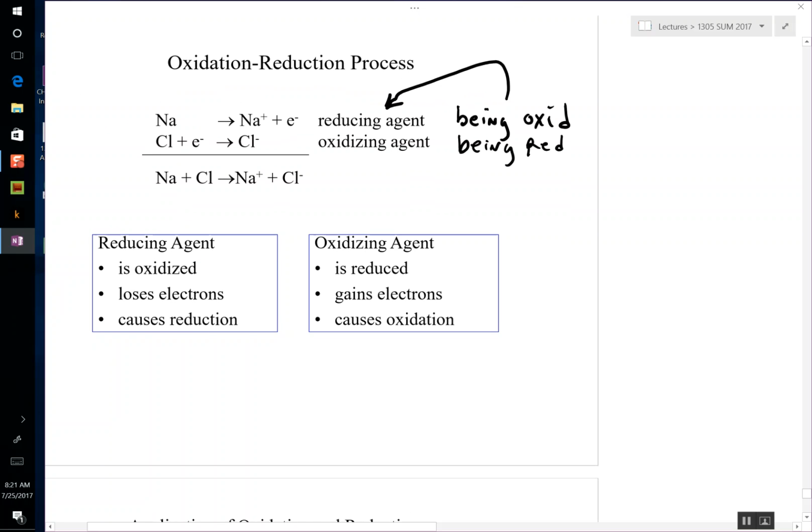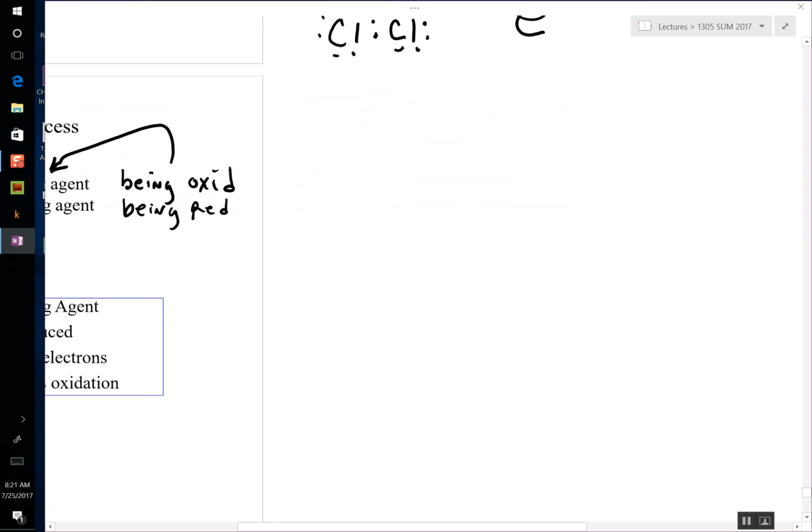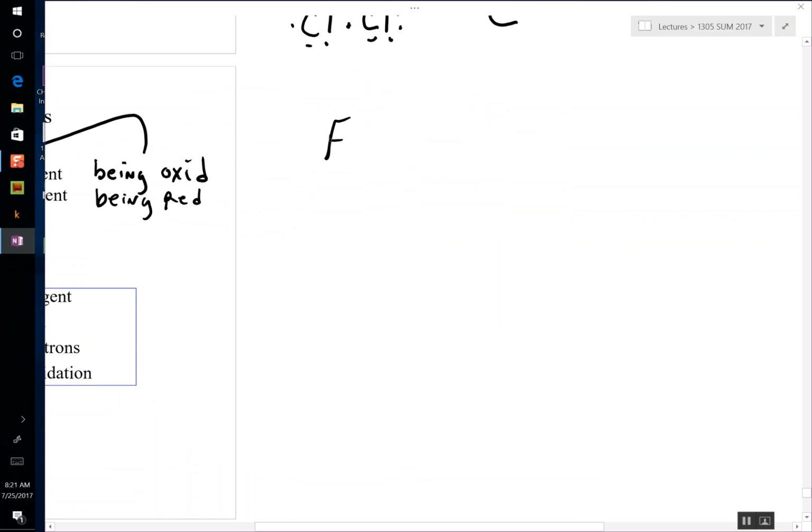We call it oxidation because you can take just about any metal and react it with oxygen, and the oxygen is the oxidizing agent, causing the metal to be oxidized.